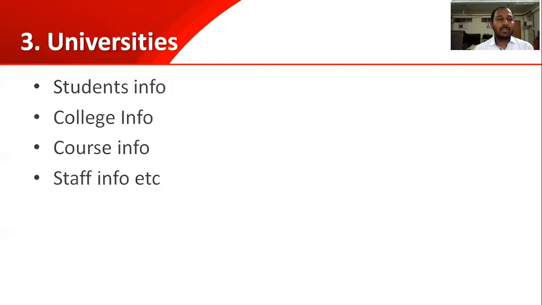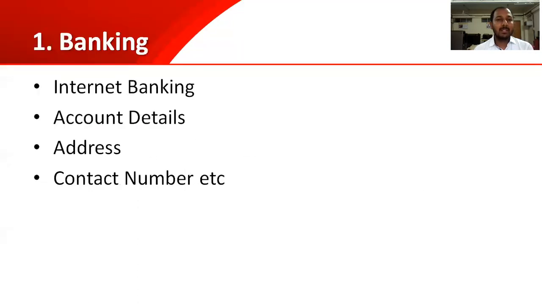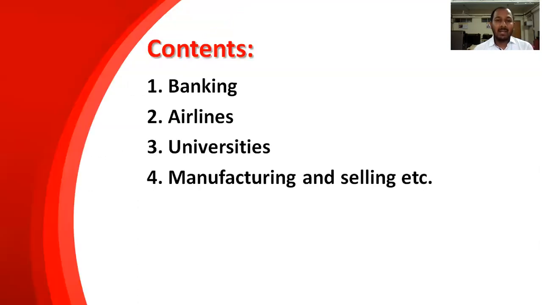So whatever examples we have seen, banking, airlines, different universities, manufacturing and selling industries, everywhere database is required. In banking, financial sector it is required. Airlines, the booking, online booking, railway booking may be there. It may be bus booking, it may be airline booking. After that, the educational institutes like different universities, then manufacturing industries and selling industries.